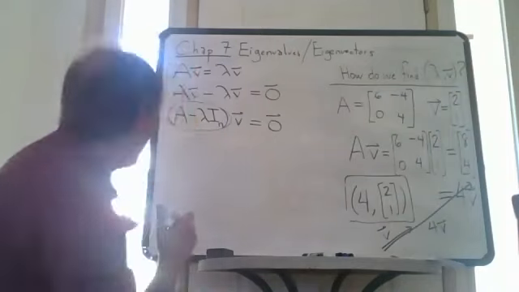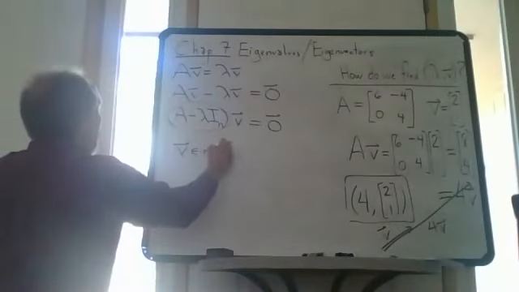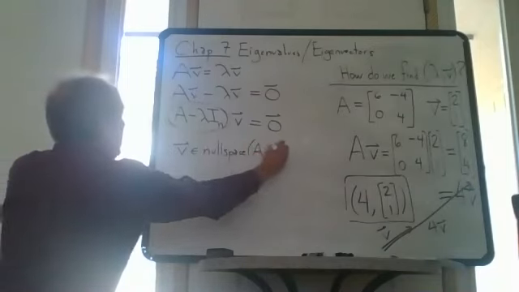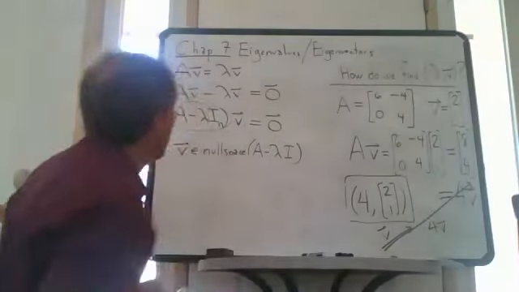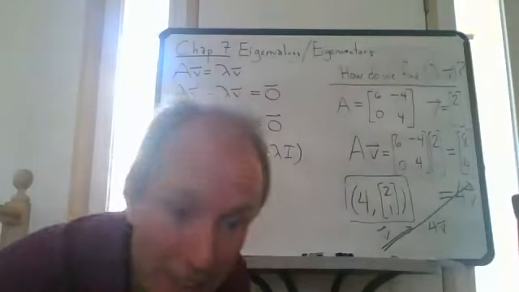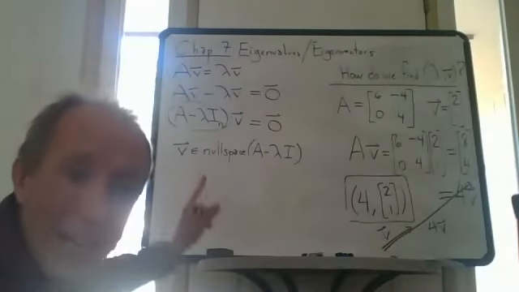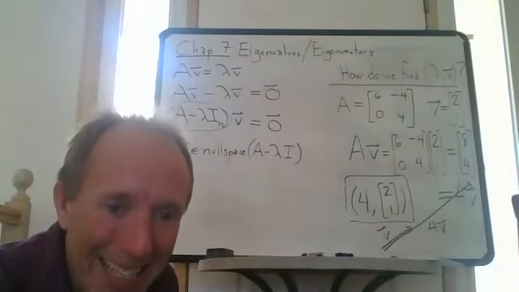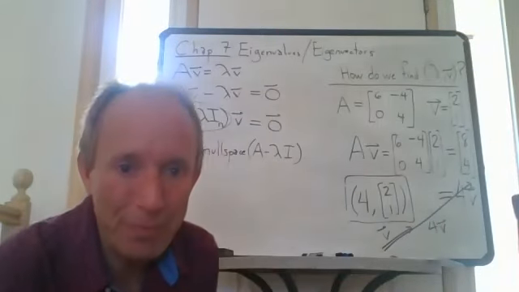So this is just saying that V is an element of the null space of A minus lambda I. So when we're trying to find the eigenvectors, the V's we're talking about right here, we're going to be doing a null space calculation. So we're going to have to find the null space of a matrix again.